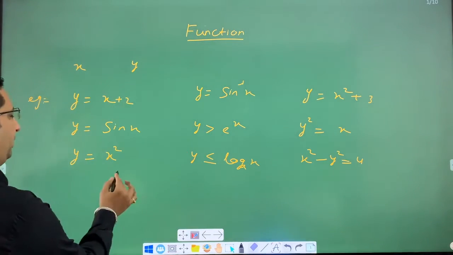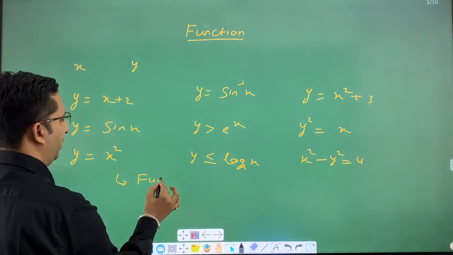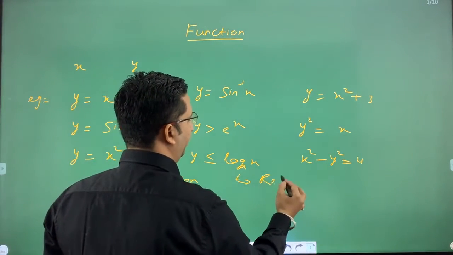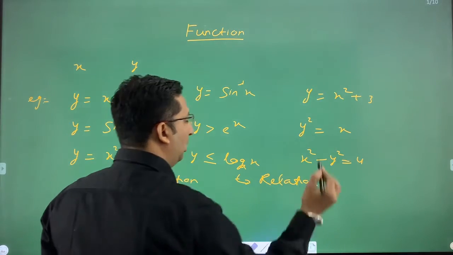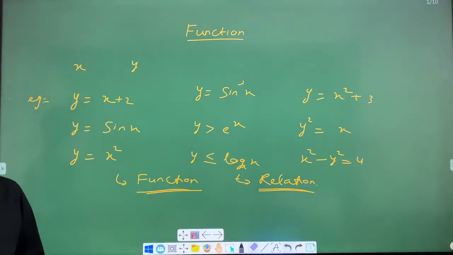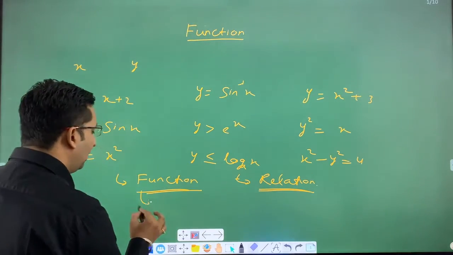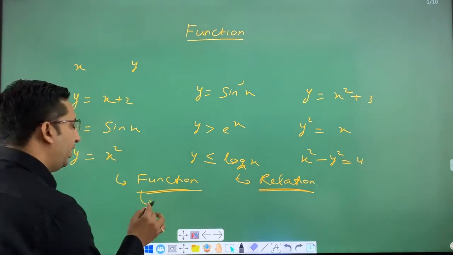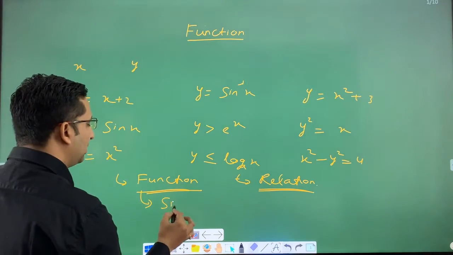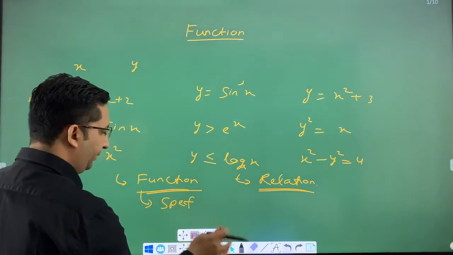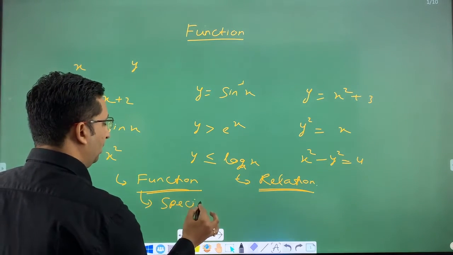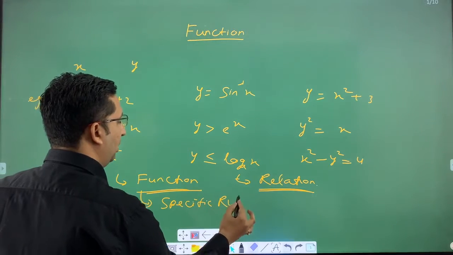Okay, we use two terms: one is function and the second is relation. Now, what is the difference between function and relation? A function is where the relation between x and y follows some specific rule.